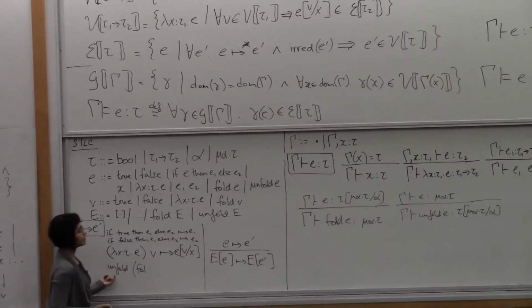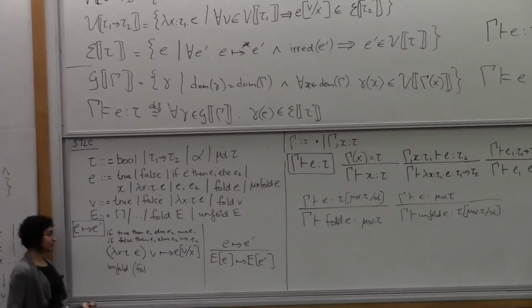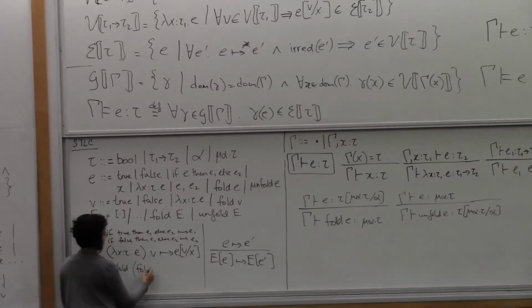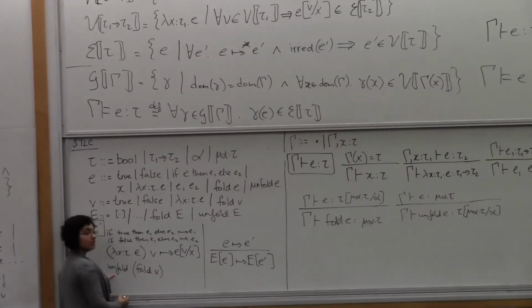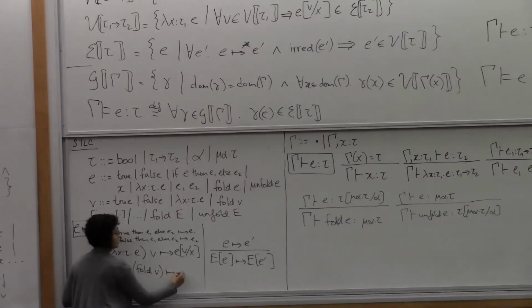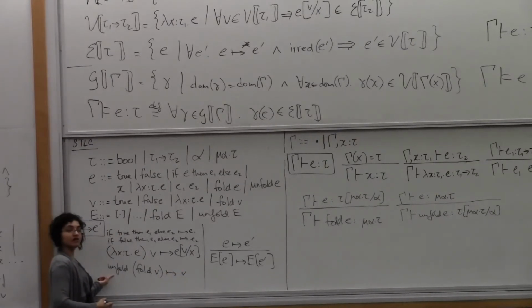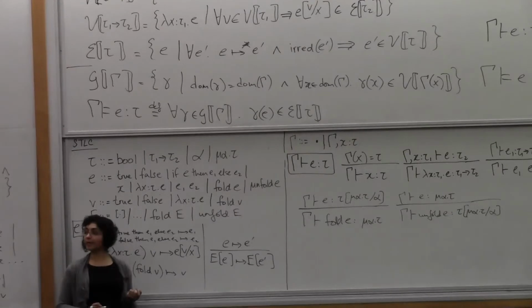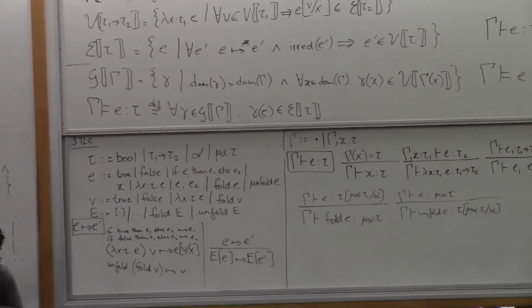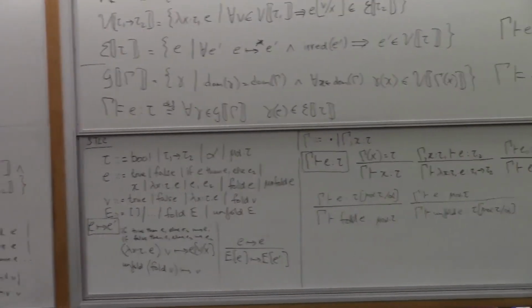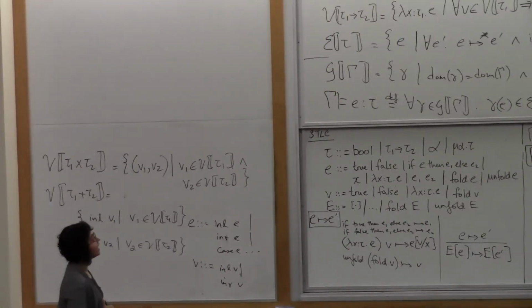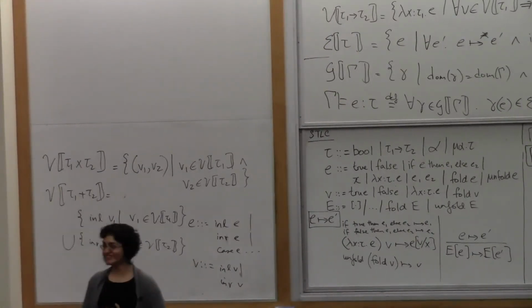So in terms of the operational semantics, the only reduction rule we need to add over here is when we have an unfold of a fold V. And that simply steps to V. Okay? Yeah? If we reduce the type, we reduce the definition by induction or restriction of types? Yes, it's been done.